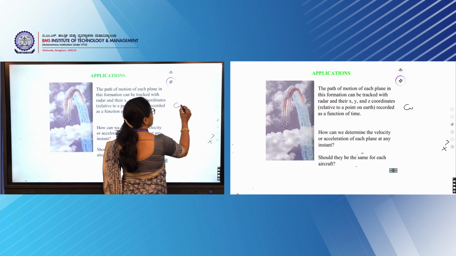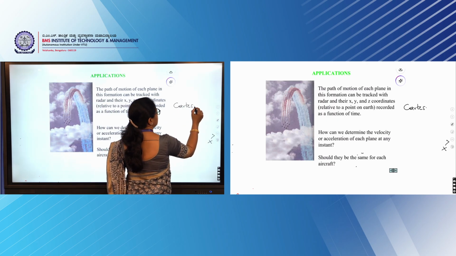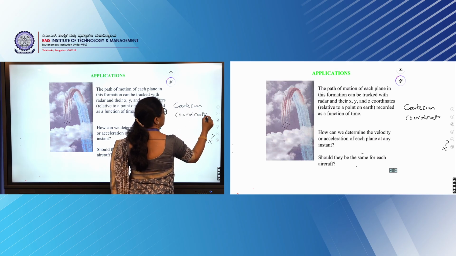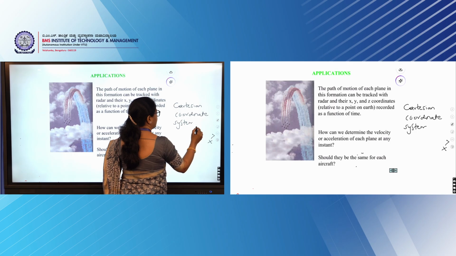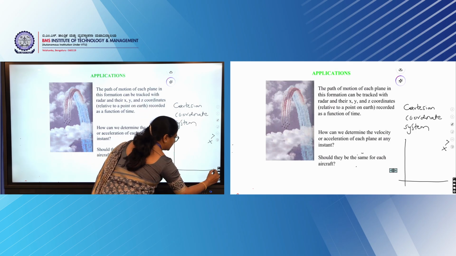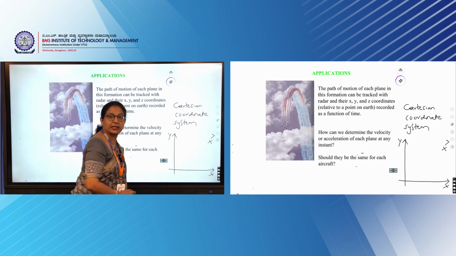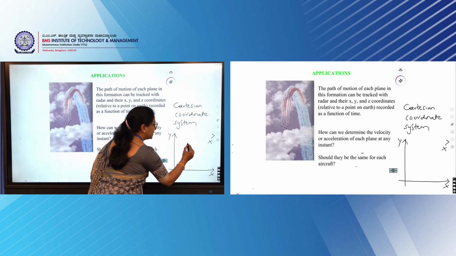This is the x-axis and this is the y-axis, and any point in general we take as x comma y.